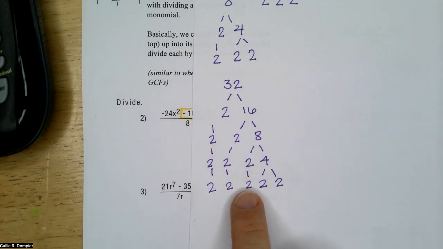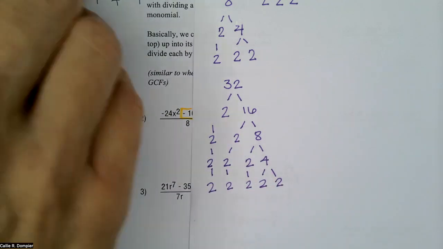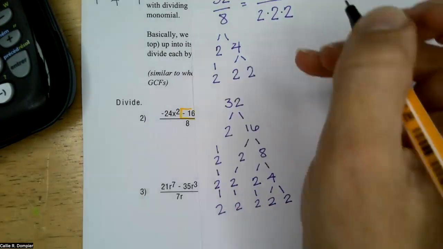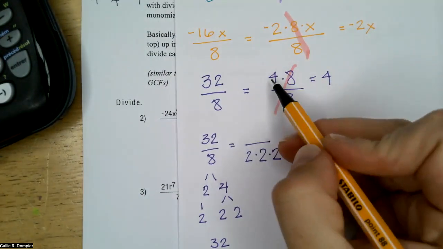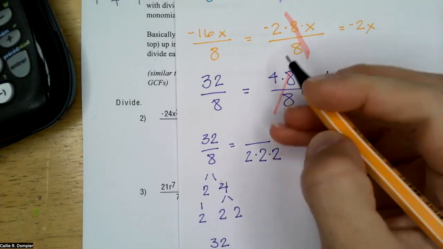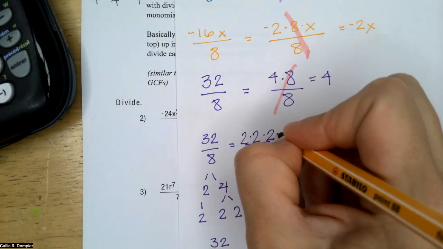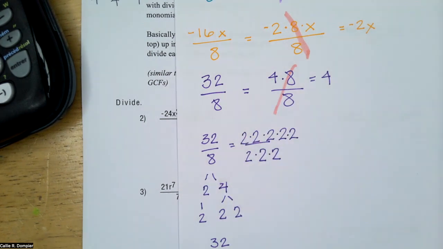So if I take 2 times 2 times 2 times 2 times 2, I get 32. So you can also factor it even further than 4 and 8, right? You could say 4 is 2 times 2 and 8 is 2 times 2 times 2.